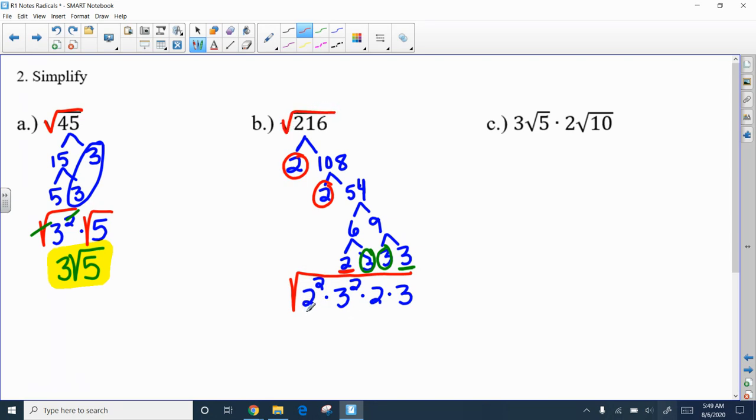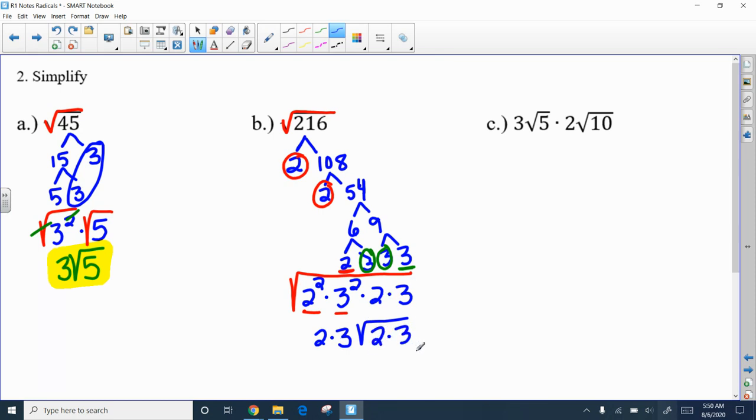So that means the squared factors, the square root of 2 squared and the square root of 3 squared, these ones both simplify. This one we'd have a 2 times 3 on the outside. And then this 2 and this 3 that are not squared would still stay under the radical.